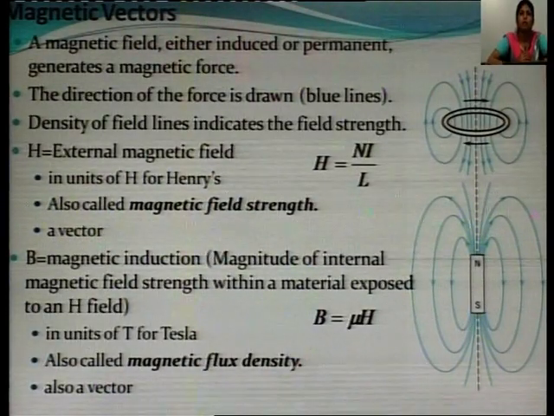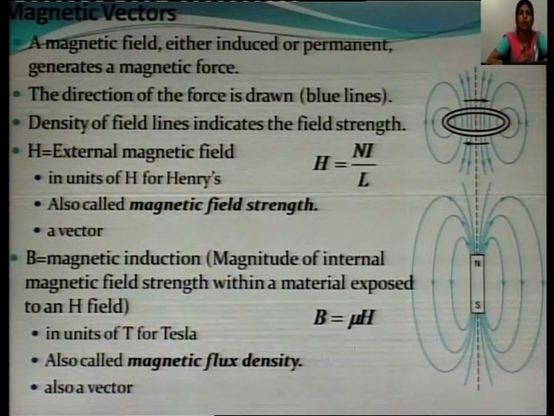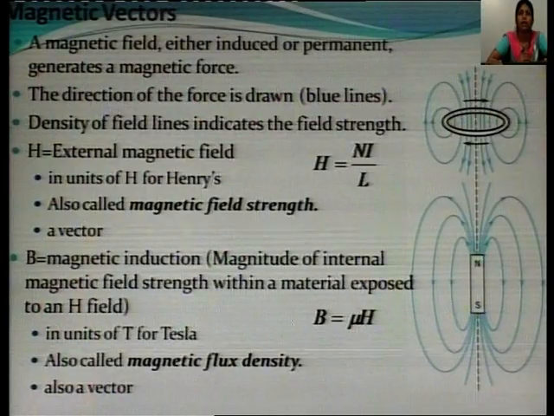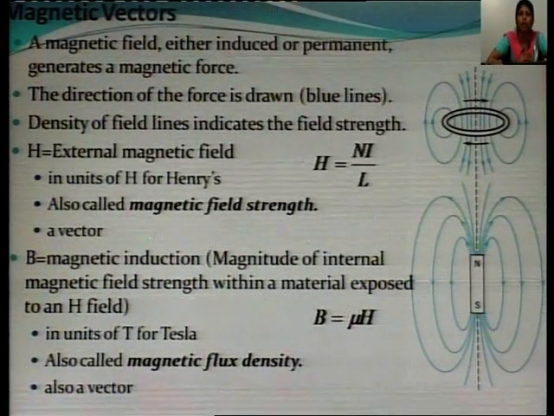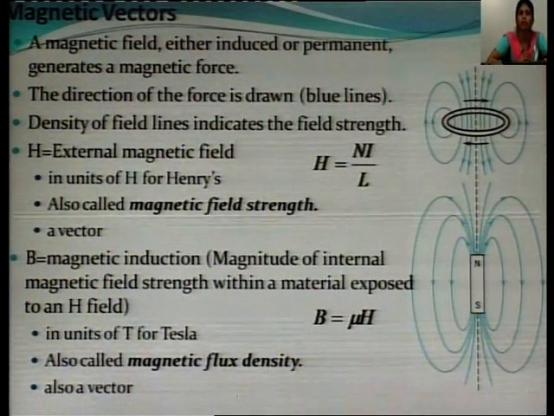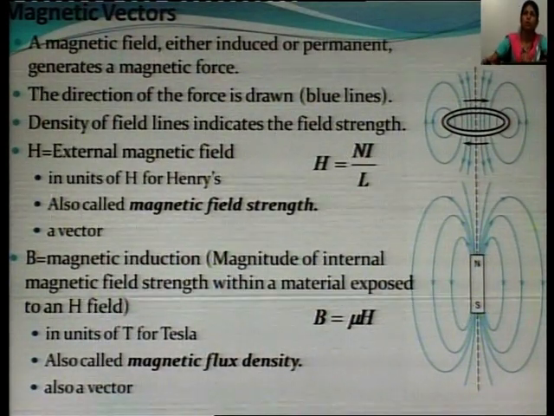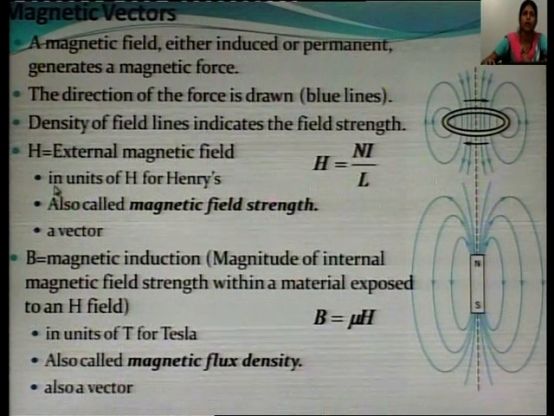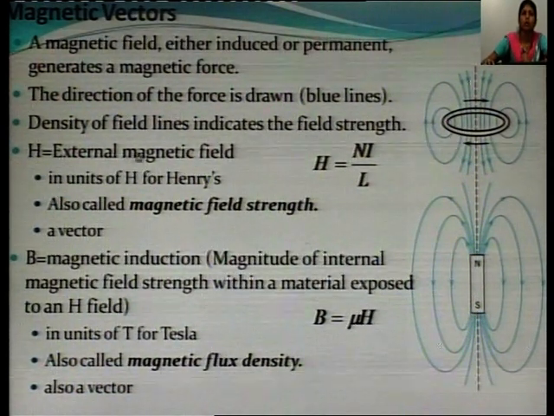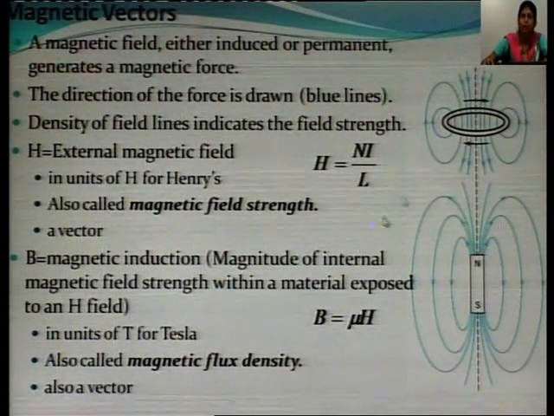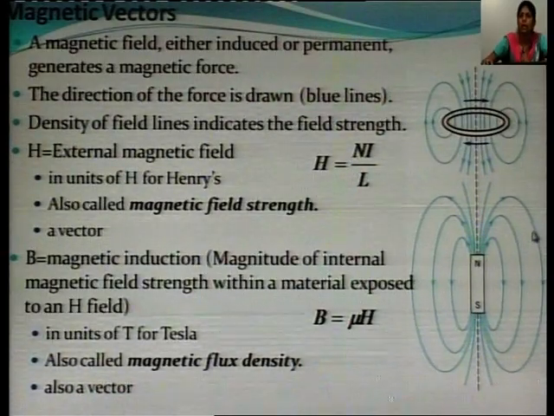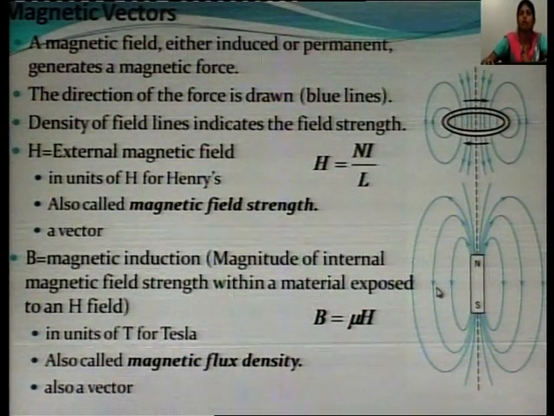Now B, which is the magnetic induction, represents the magnitude of the internal magnetic field strength within a material exposed to an H field. So we can differentiate both H and B. H is the external magnetic field and B is the internal magnetic field strength.